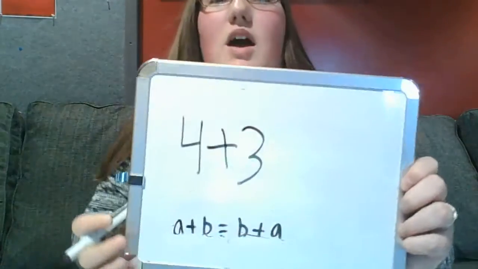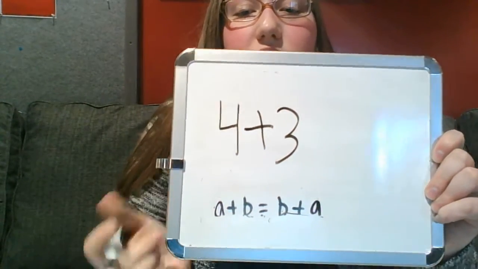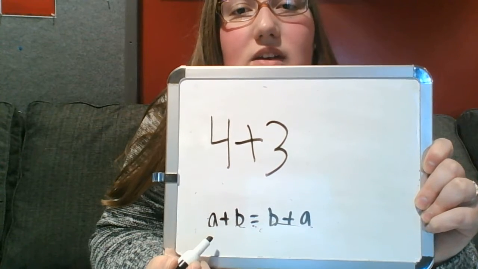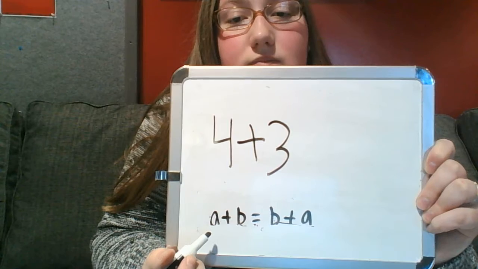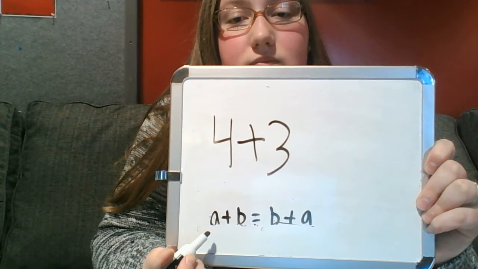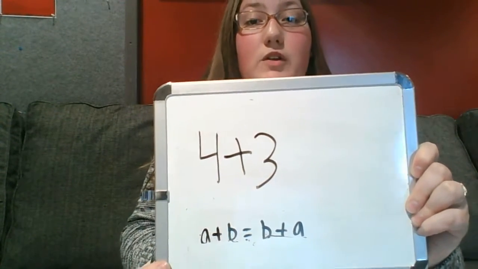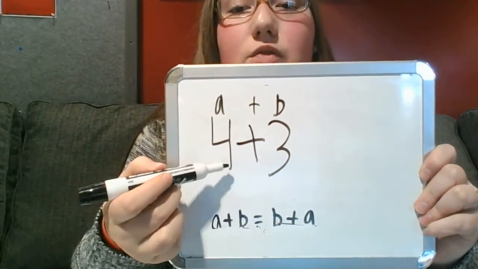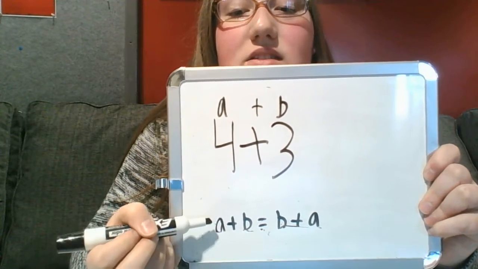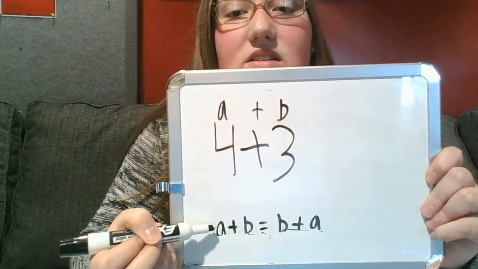So if we do 4 plus 3, how do you guys think we would rewrite that using this commutative property of addition down here? If we use 4 as A and 3 as B, how would we rewrite 4 plus 3 to fit this same equation down here?